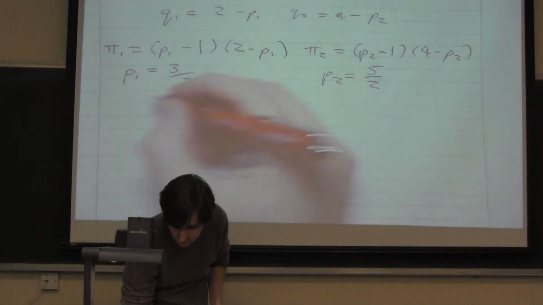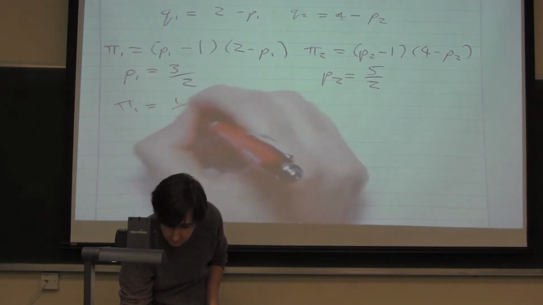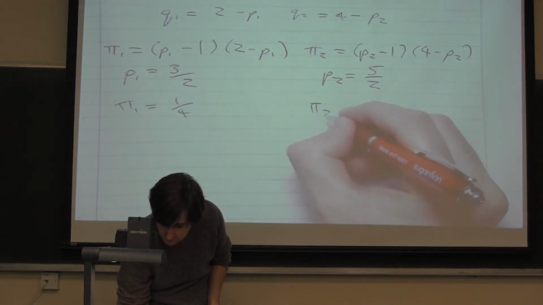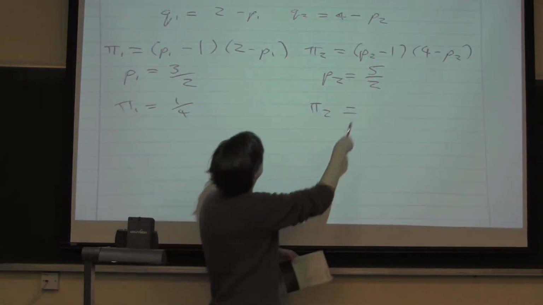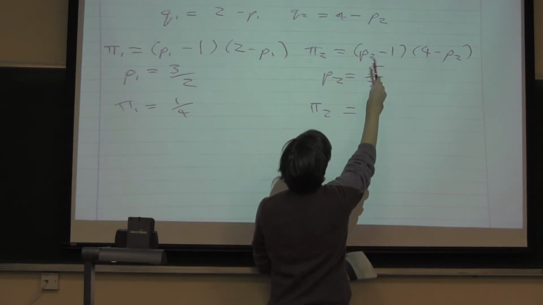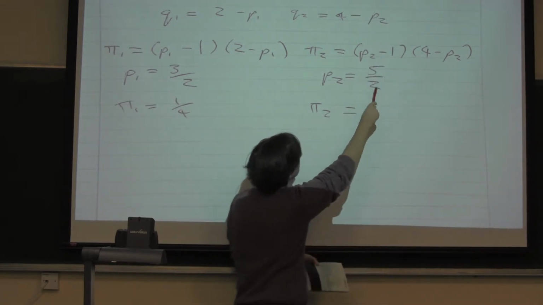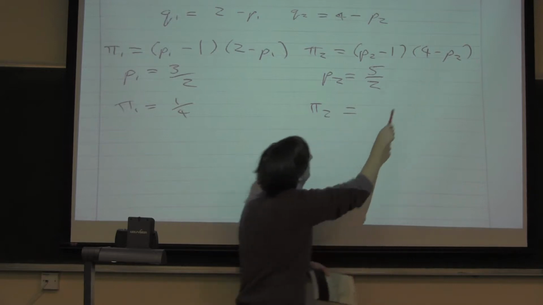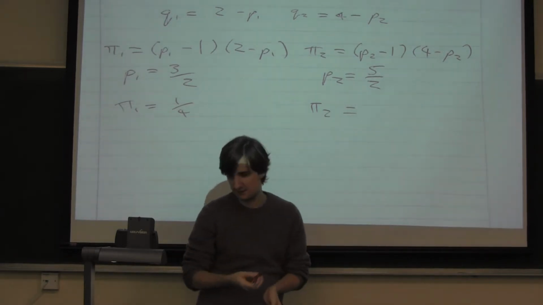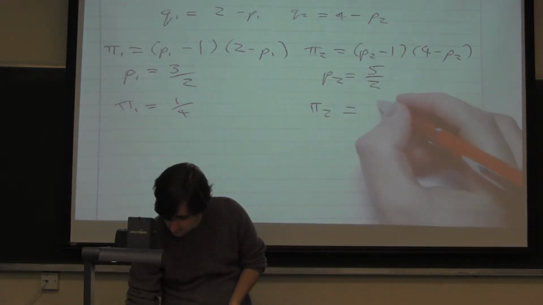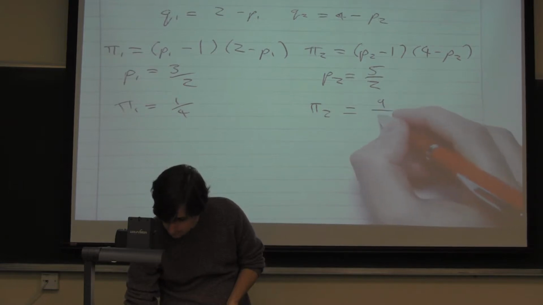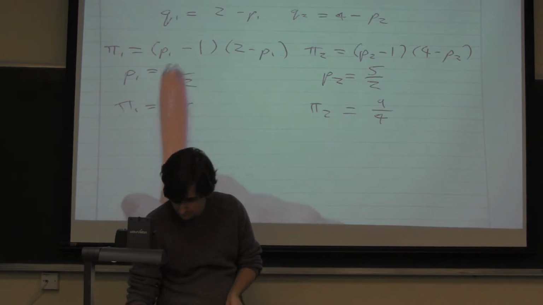So pi 1 is a quarter. For pi 2, 5 over 2 minus 1 is 3 over 2, and 4 minus 5 over 2 is 3 over 2, so it's 9 over 4.